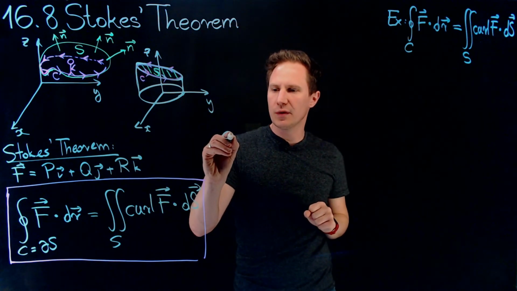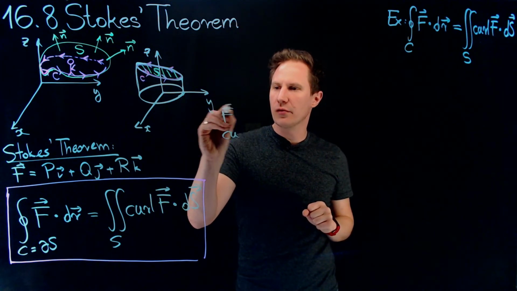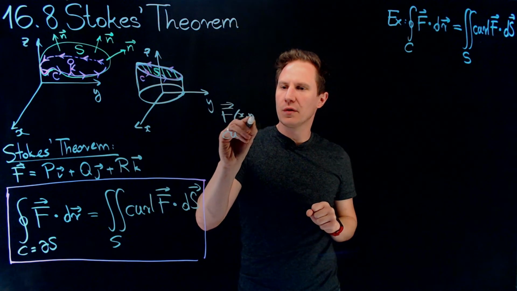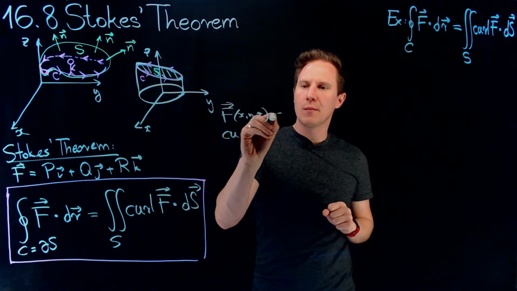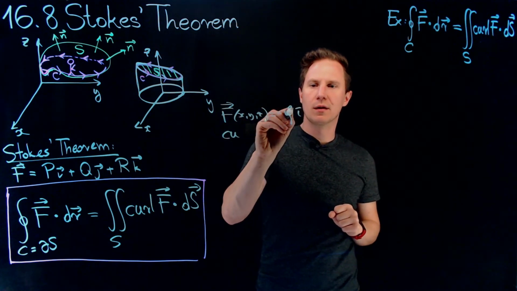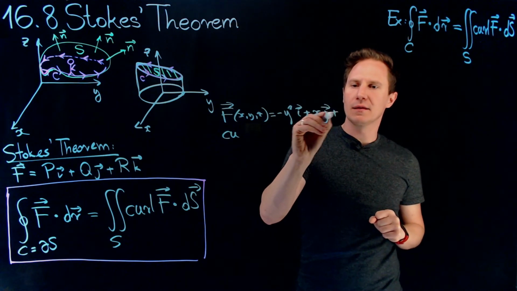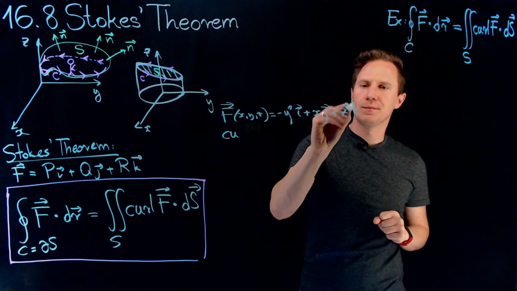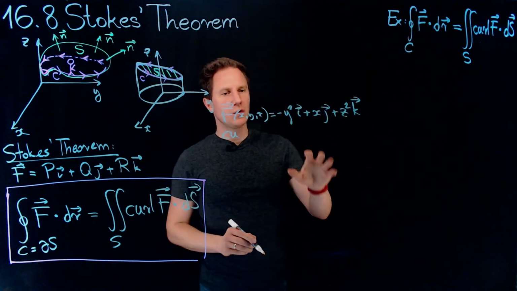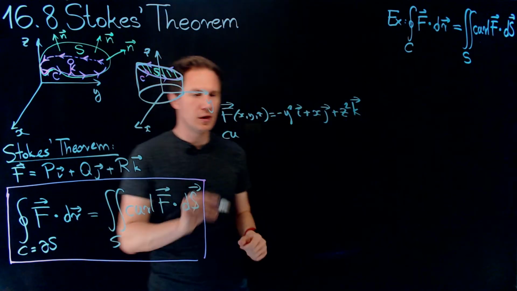Okay, so what we need first is the curl of f. So let's compute that first. So remember that f had the components minus y squared, x, and z squared. So if we want to find the curl, we can use the usual definition.